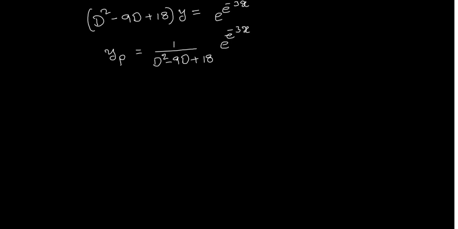Now you know this can be expressed in terms of partial fractions. So this can be expressed as (D minus 3) into (D minus 6). You want 18 and you have 9 here, so 6 and 3 can give you 18.